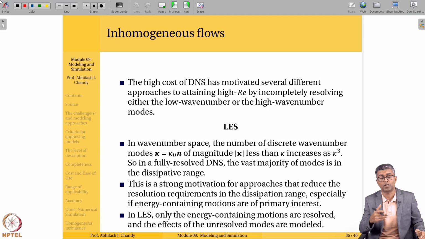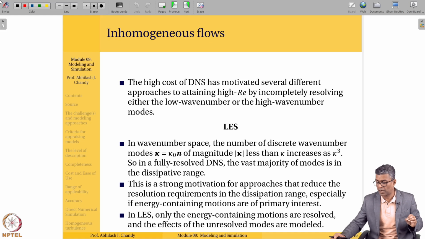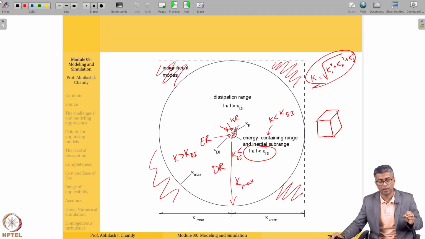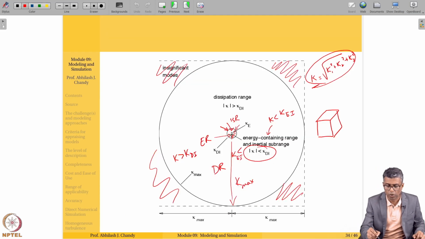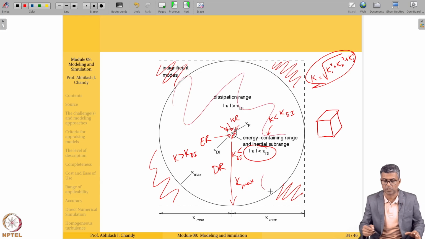In a sense, we are spending no time on resolving the scales in the dissipation range because we are completely modeling that. And that is clear from the plot I showed you in the last class, where there is a small circle and a slightly larger circle associated with the energy containing range and the inertial subrange. This large circle, all of this is related to the scales in the dissipation range.